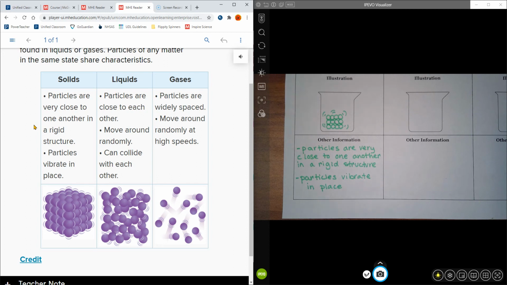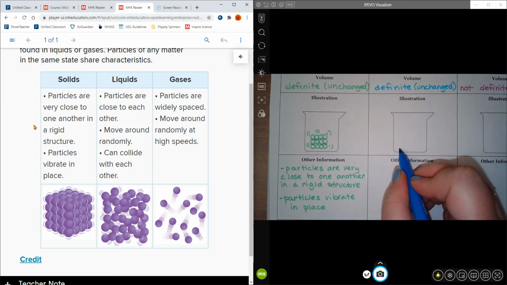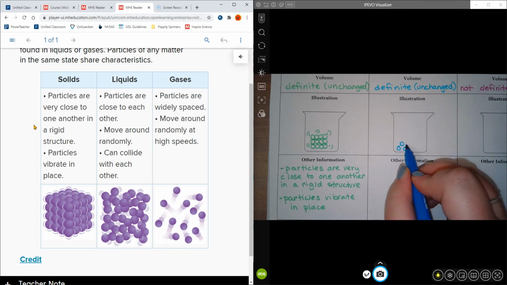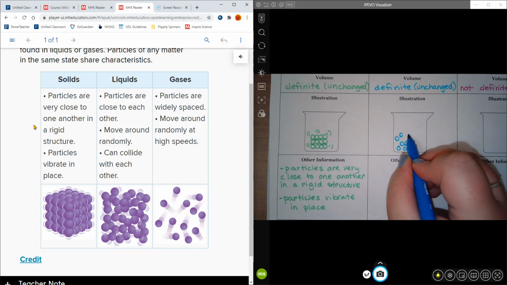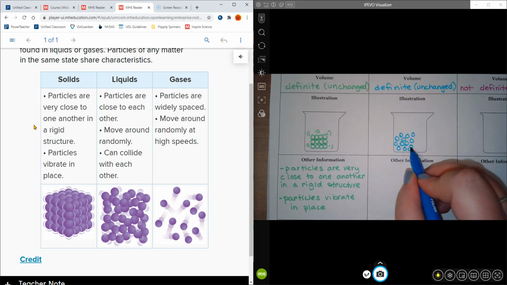Moving on to liquids. Liquids is in the middle. For my diagram here, I'm going to try to copy that picture from the workbook. So these particles are moving around and they're kind of filling that space.